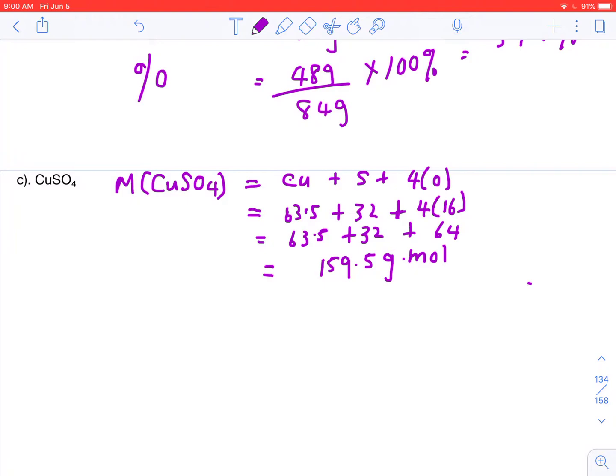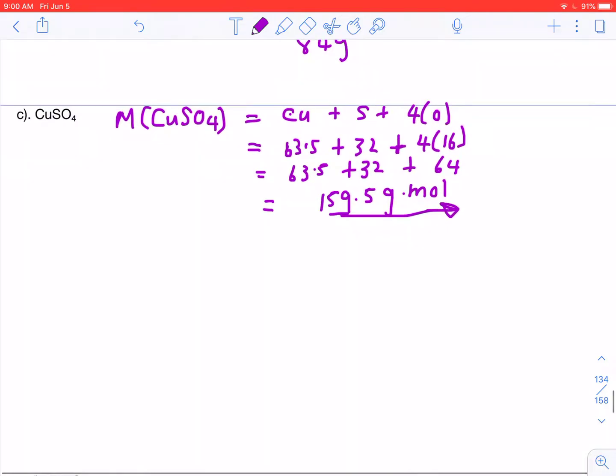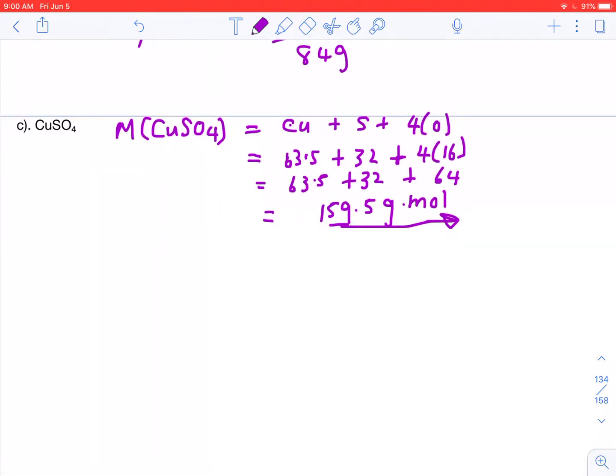So we know what the total mass is, and then it becomes just an exercise to see what the masses of the respective elements are, and we can then work out the percentage composition in terms of mass.